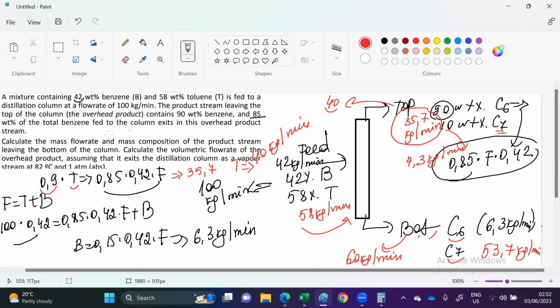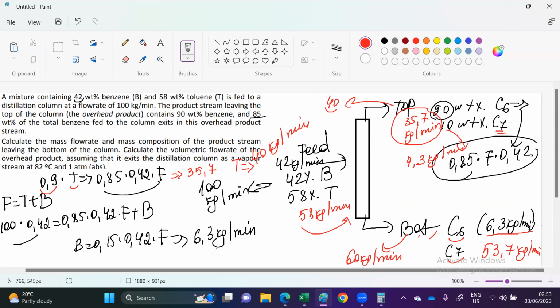That's the mass flow rate and mass compositions leaving the bottom of the column. If you want to find the mass composition, it will be 6.3 over 60 and 53.7 over 60. Next, the volumetric flow rate of the overhead product. We have calculated 40 kilogram per minute.